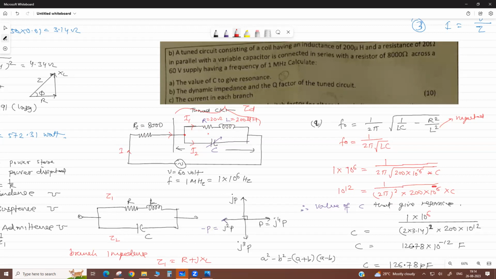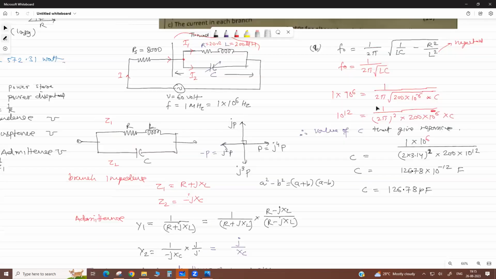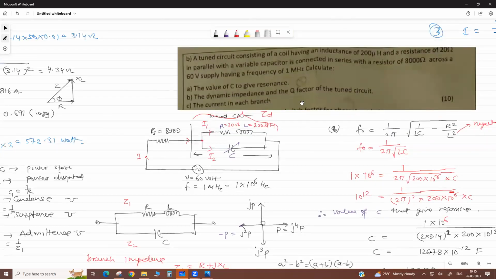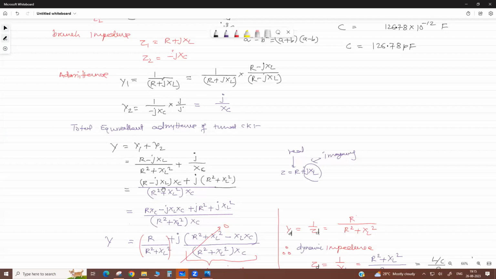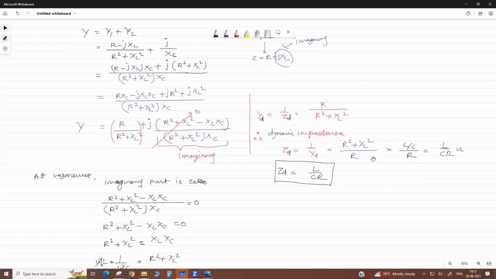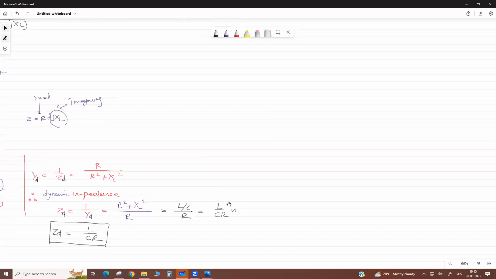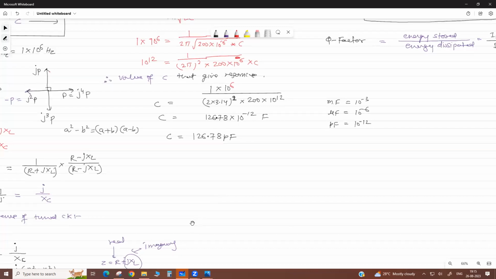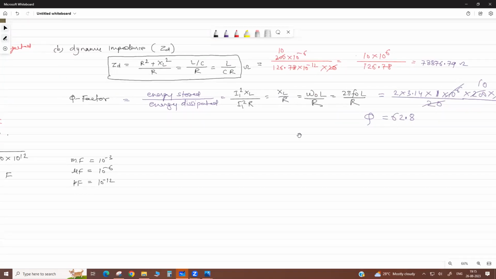This series resistance is 8,000 ohm. Now see, this portion is 0, then only this much is the impedance of the circuit under resonance. And this dynamic impedance we calculated. Dynamic impedance is this much ohm.